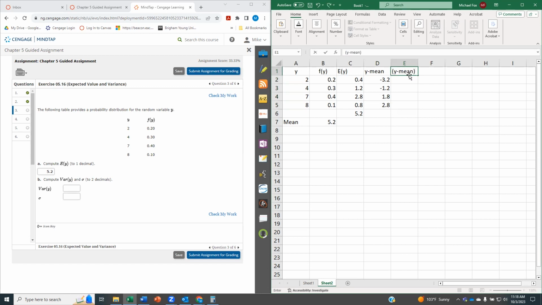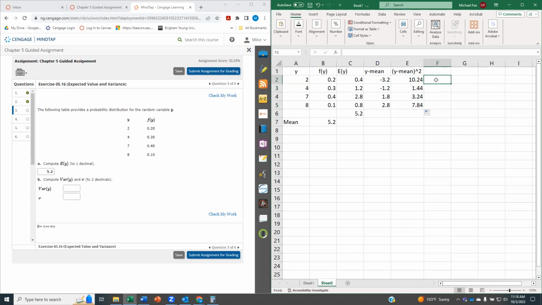And again, I could have skipped steps, but I just want to show you how this whole thing works out. I could have used SUMPRODUCT again and done the squaring in there, all of those things, but I think sometimes this helps us see it better. So we're going to square the difference between y and the mean. And if this weren't weighted by these probabilities, we would just sum those up and that would be our variance.